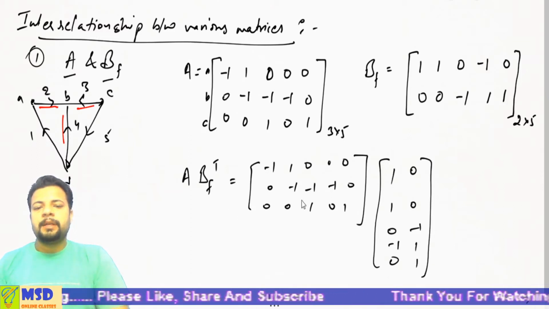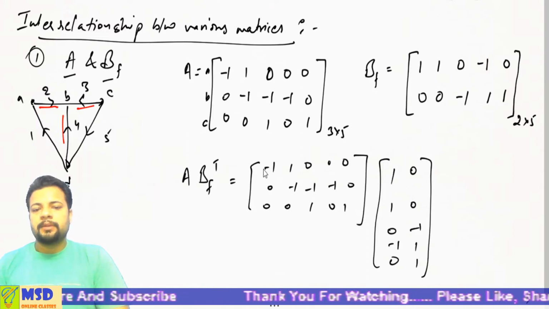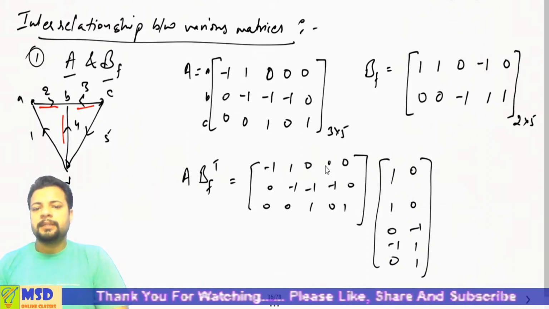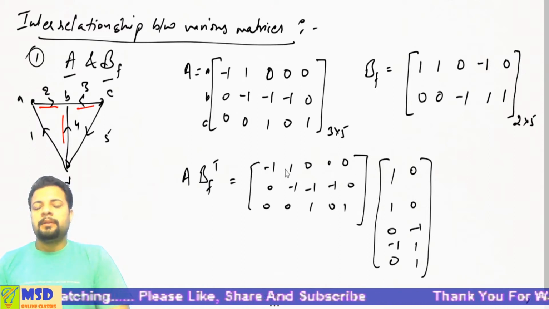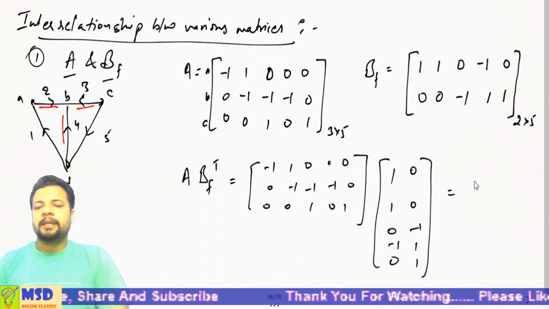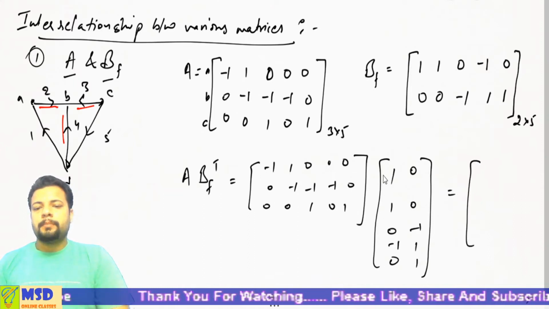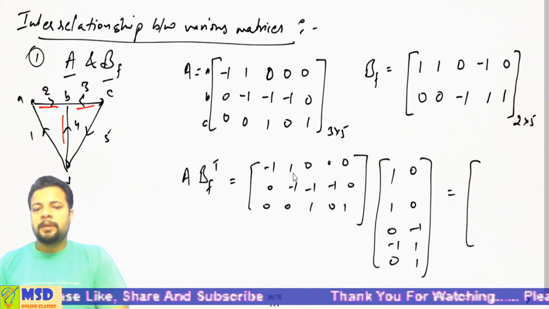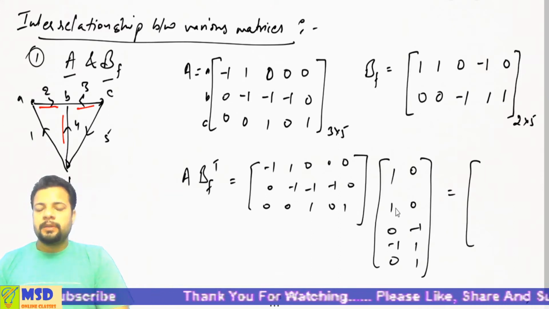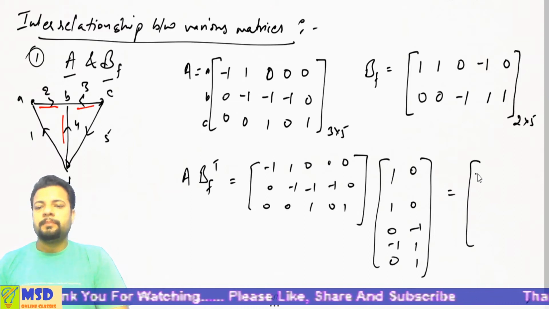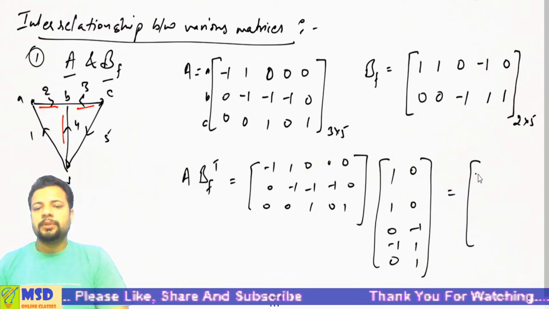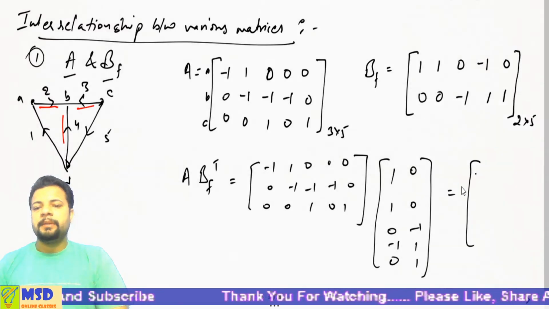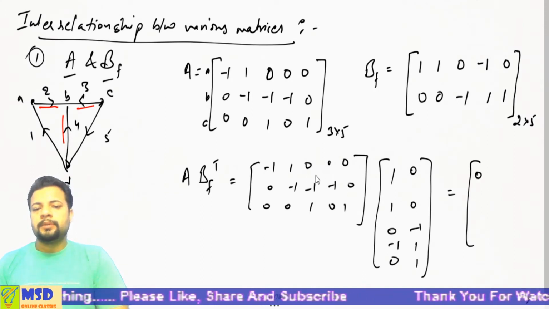Now, if I multiply these two matrices, I'll be multiplying this row with this column, and what I get is -1 into 1 is -1, plus 1 into 1 is 1, so -1 plus 1 equals 0. Remaining elements would be 0.